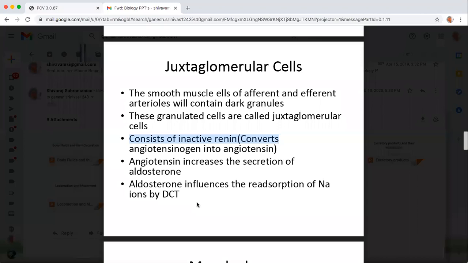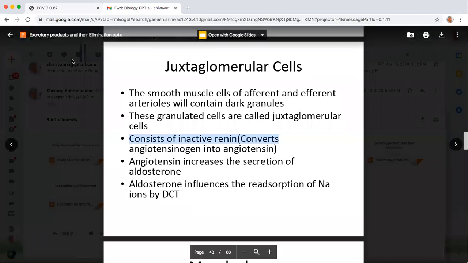Okay, with this we'll stop today's class. This week we should complete this lesson, and next week your portion will be this chapter. After completing this lesson we'll go to locomotion. After locomotion we'll go for chemical coordination. We can complete it before February.